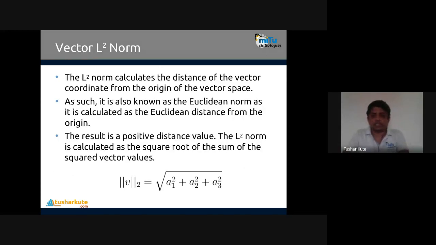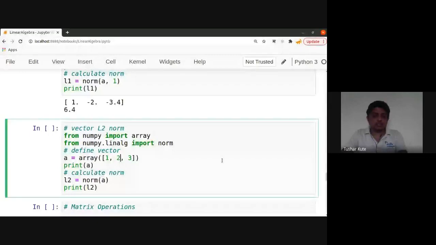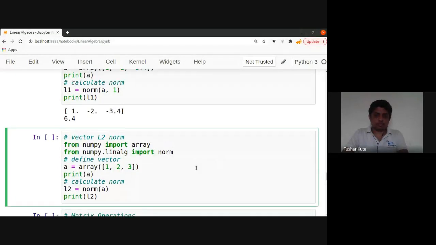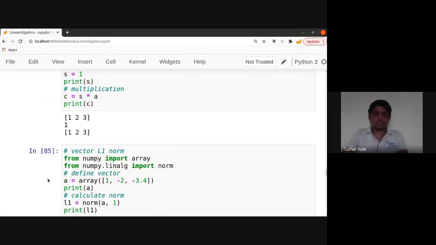Okay. So let's see that one. This is a common formula. Even practically, you can make use of some direct square and square root methods also to find this particular norm. But if I have to do the same operation with the help of a program and calculate that norm, we'll be making use of the same thing over here. Just a minute.